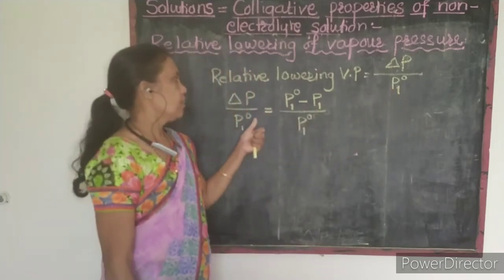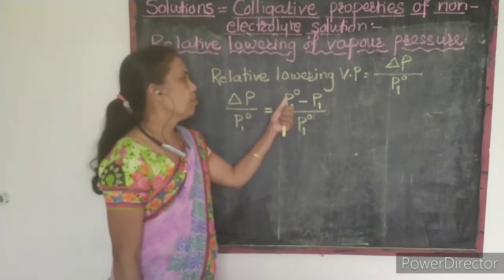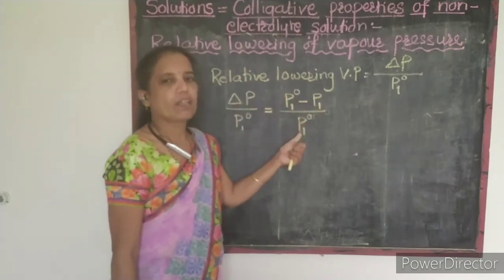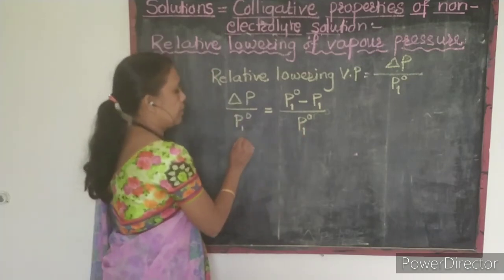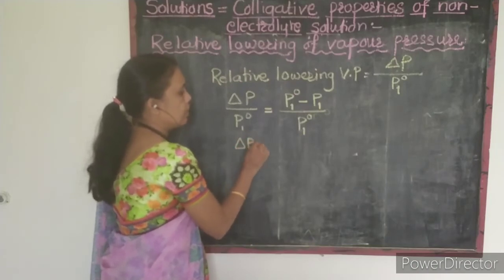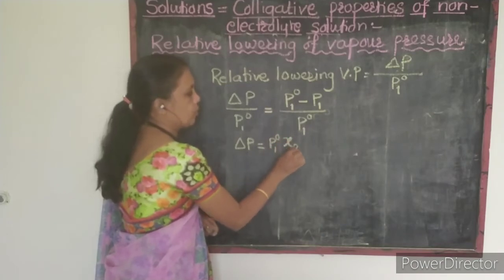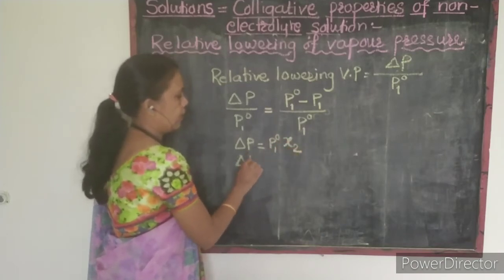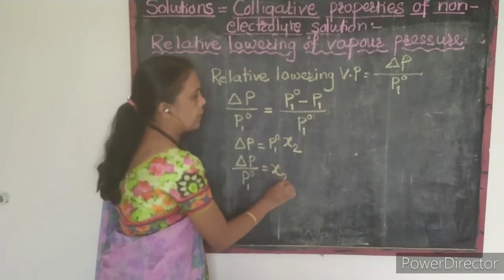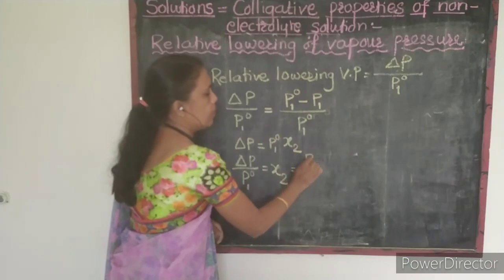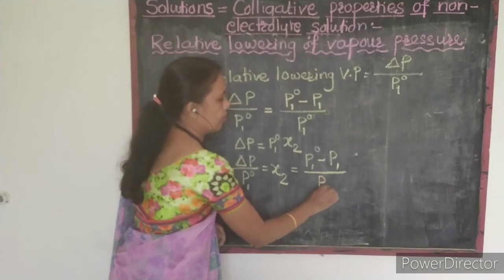From this we can write delta P divided by P10 is equal to, putting the value of delta P here, P10 minus P1 divided by P10. In Raoult's law we have seen that delta P is equal to P10 x2. From this we can write delta P divided by P10 is equal to x2, and this becomes equal to P10 minus P1 divided by P10.